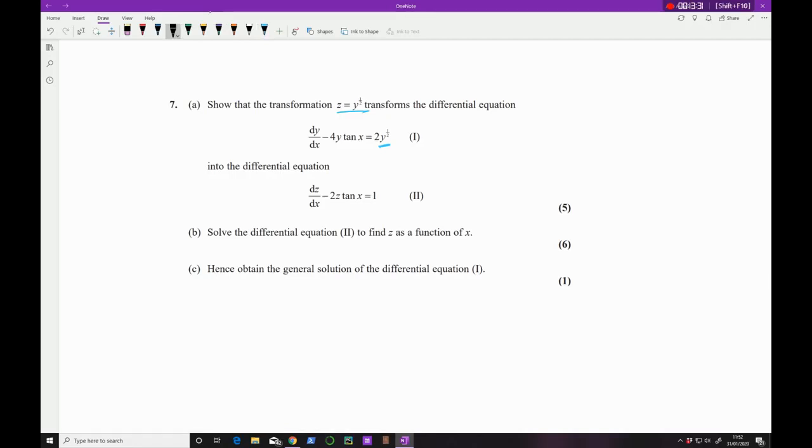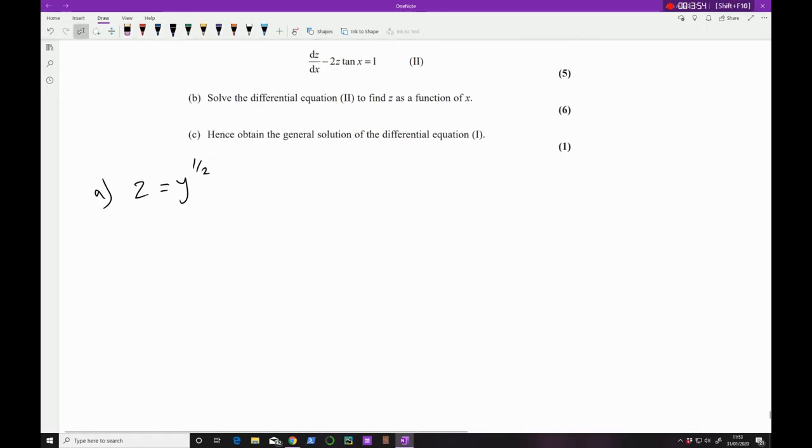So show that when we make the substitution, that turns into this. For part A, the first thing I'm going to do is rewrite said transformation. And in order to get something similar to this dz by dx, I'm going to differentiate this with respect to x.